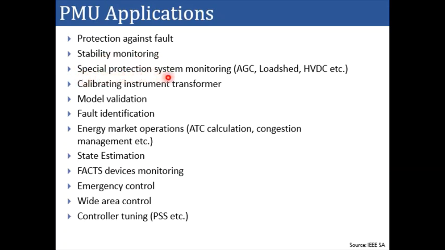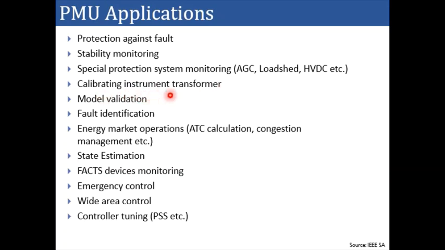Then special protection system monitoring such as AGC, load shedding and high voltage DC transmission can also be done using phasor measurement unit data. We can also do the calibration of instrument transformers, because PMU data is considered to be the most accurate data available for any analysis.